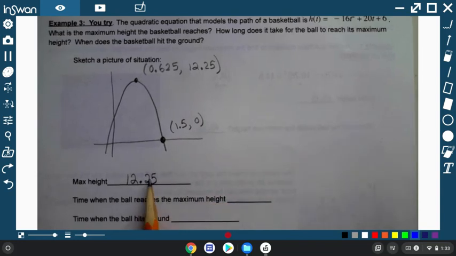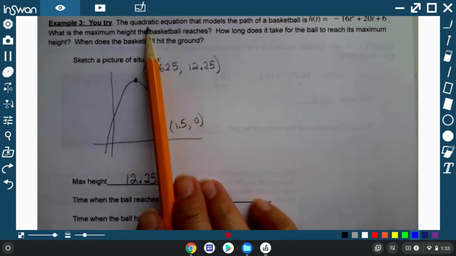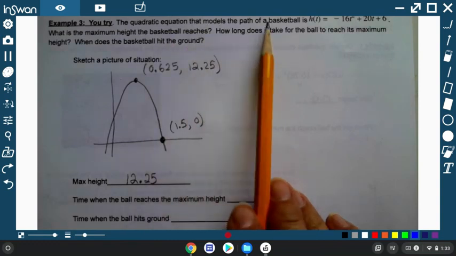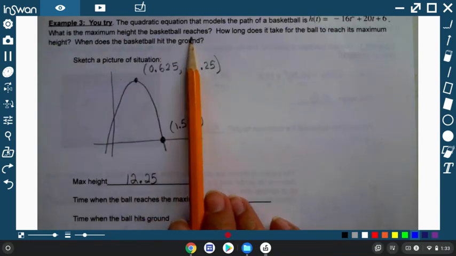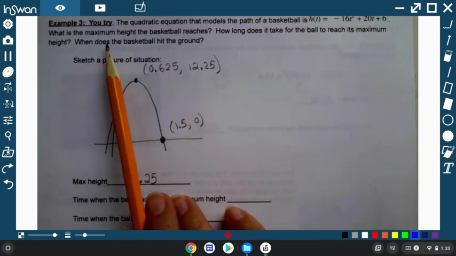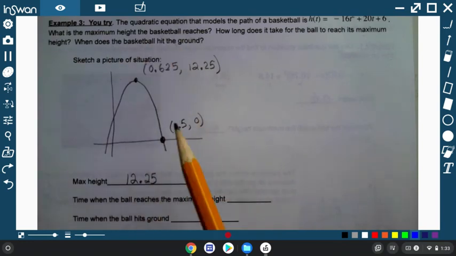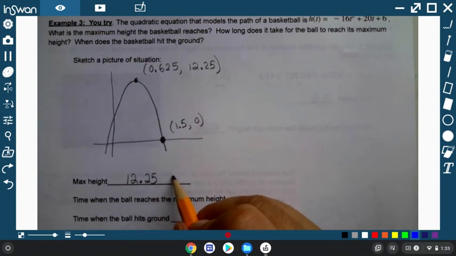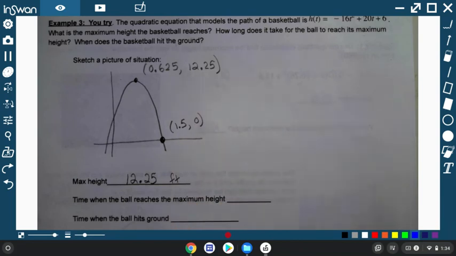I'm looking for units, but I probably forgot the units on this one. You know what? I forgot to put units in. Let's just guess it's in feet, okay? I don't know. If this is basketball, 12.25 feet is pretty high.